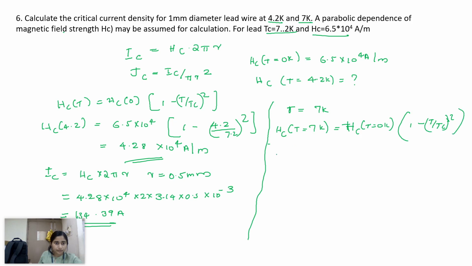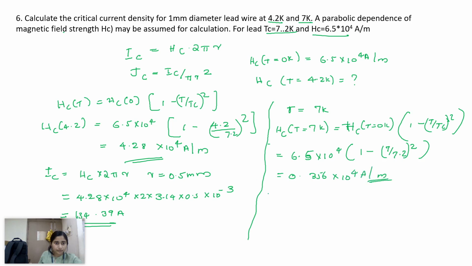Now substitute all the values here: 6.5 times 10 to the power 4 times (1 minus 7 divided by 7.2) whole square. So it will be 0.356 times 10 to the power 4 ampere per meter.